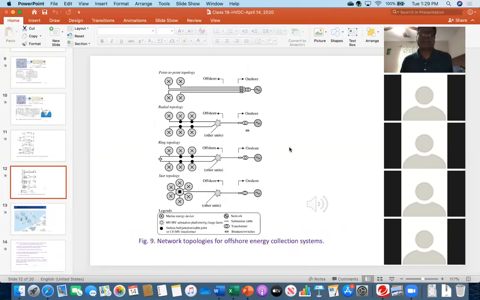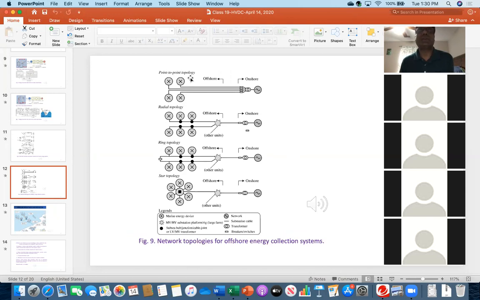Then moving forward, here you see figure 9, network topologies for offshore energy collection systems. Now, there can be various types of structure. As you can see, the top figure is called point-to-point topology.